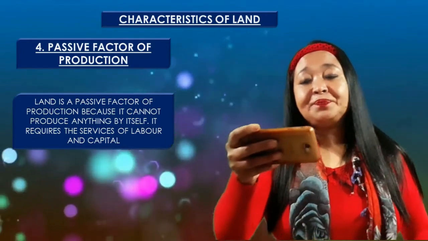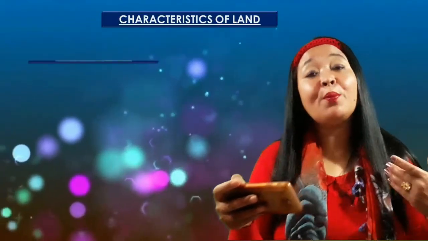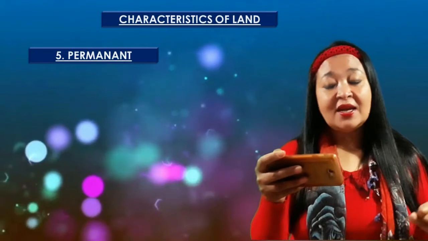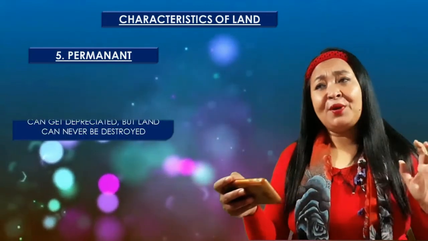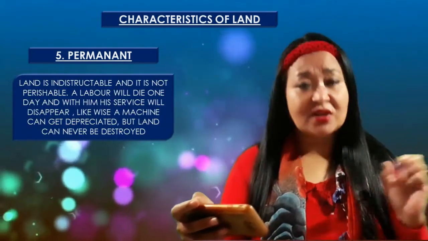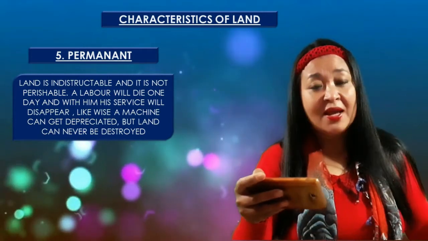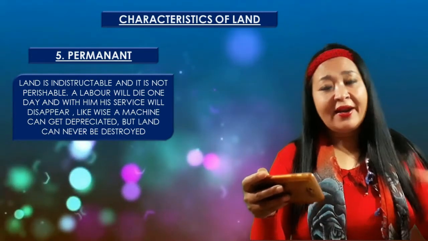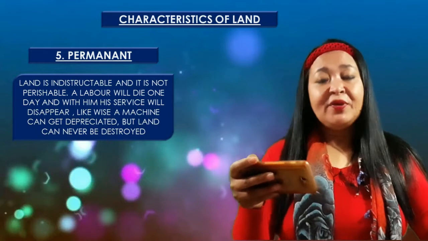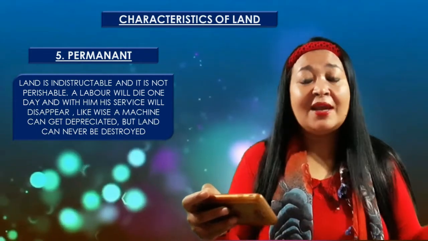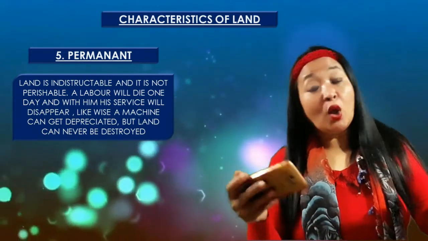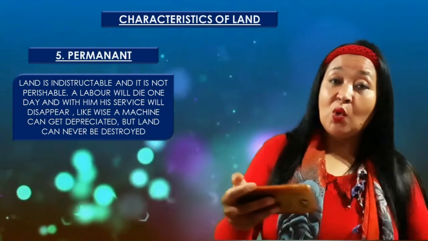Well, then we have another characteristic, that is permanent. What does this mean? Land is permanent, which means it is indestructible and not perishable, unlike other factors of production. For example, a laborer may die one day, and along with him his service will also die.